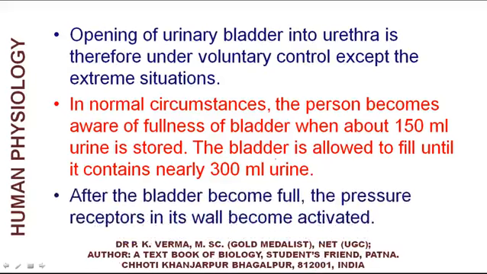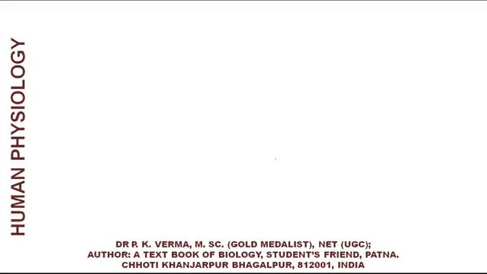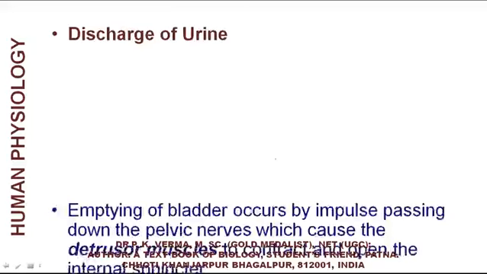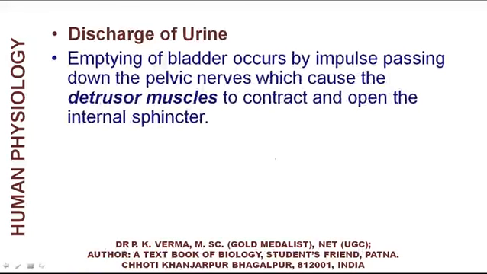After the bladder becomes full, the pressure receptors in its wall become activated. Now, emptying of bladder occurs by impulse passing down the pelvic nerves, which causes the detrusor muscles to contract and open the internal sphincter.